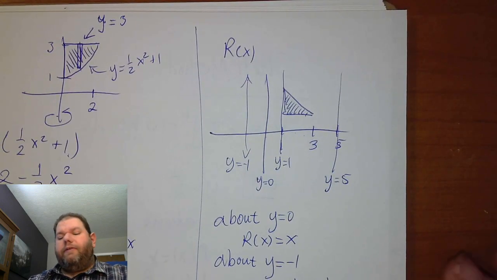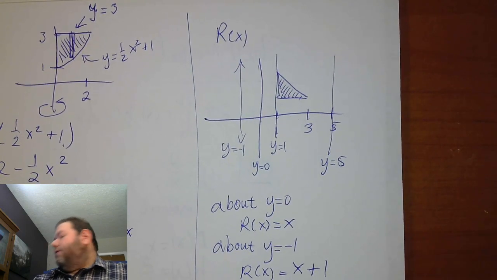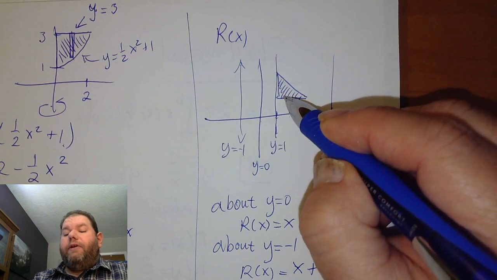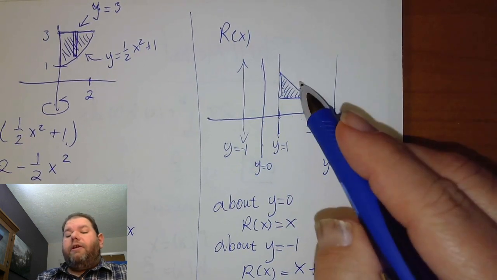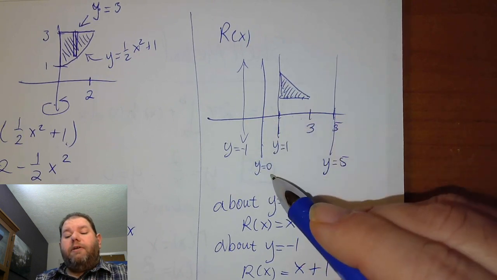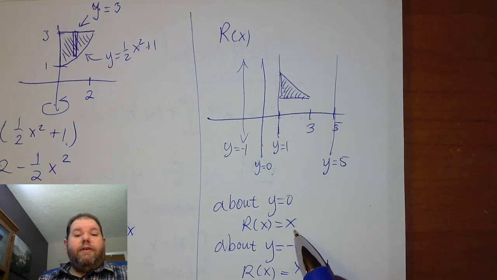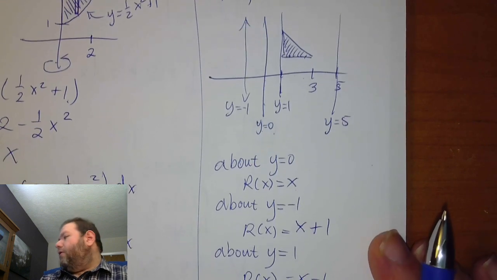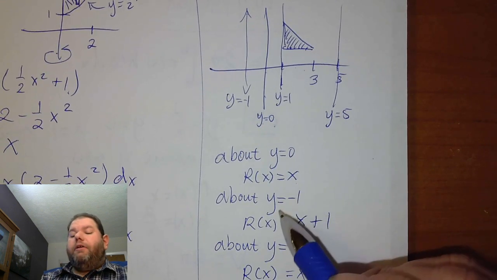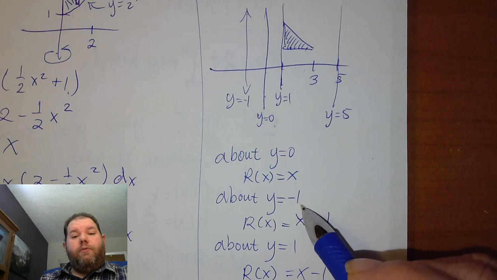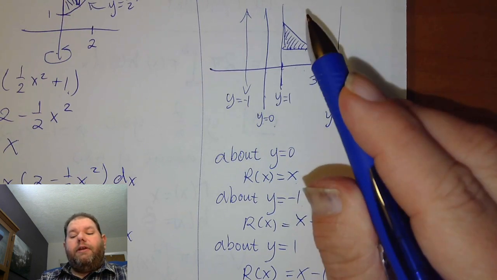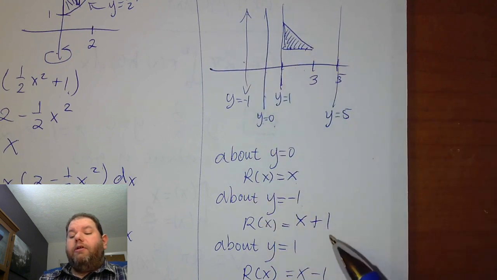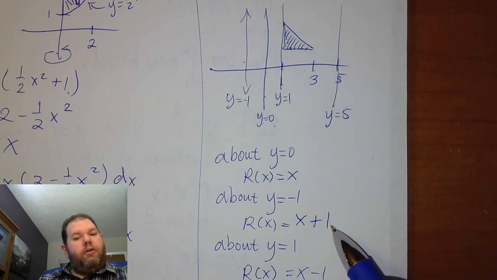So let's see how that stacks up with what we said here. Our shaded region is here, y equals 0 is here, so our shaded region is to the right. So we take x minus the axis, x minus 0, which gives us x. If our axis is y equals -1, then our shaded region is to the right. So we take x minus -1, which ends up being x plus 1 when we resolve the two negatives.